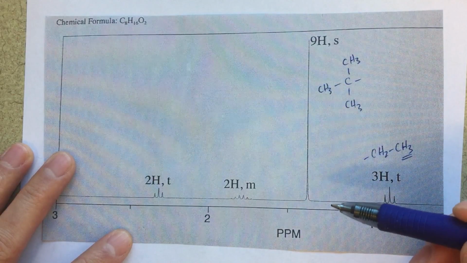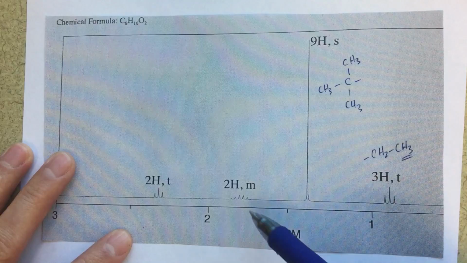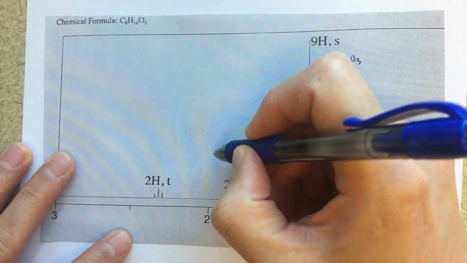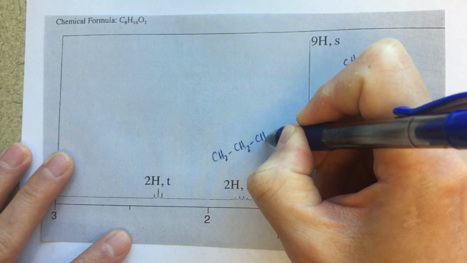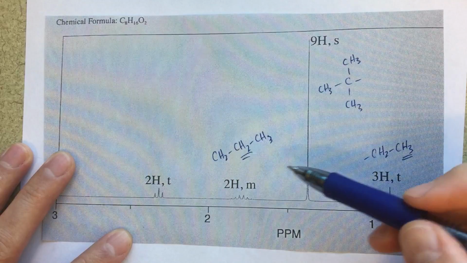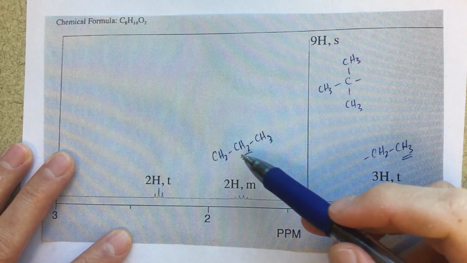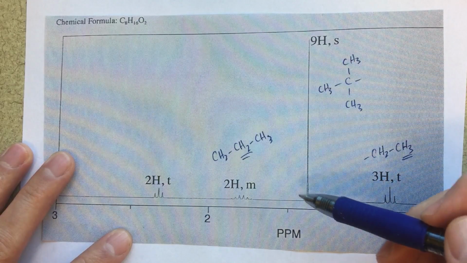The next thing that I would look at would be these two 2-high triplets and a 2-high multiplet. When I see a multiplet, especially a 2-high multiplet, the first thing that I think of would be some sort of methylene linker like this. So this central CH2 should integrate to 2. It should be a multiplet because we're going to get splitting from the CH2 group over here and also the CH3 group over here.